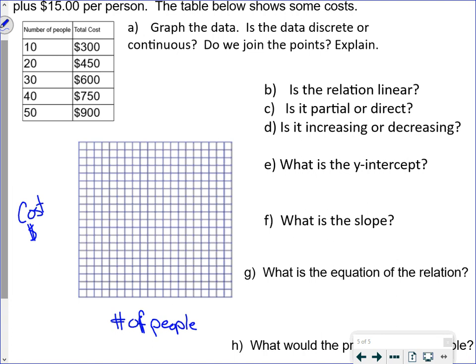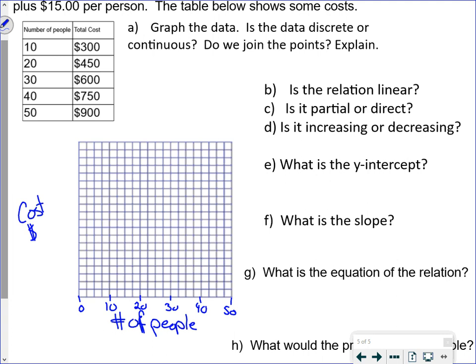Okay, so now we want to set out our scale for each of our x and y axes. And again, we need to go up to 50 for the number of people. So I'm going to go up by 4 lines again. So we would start at 0 and 10. For the cost, we need to go up to $900.